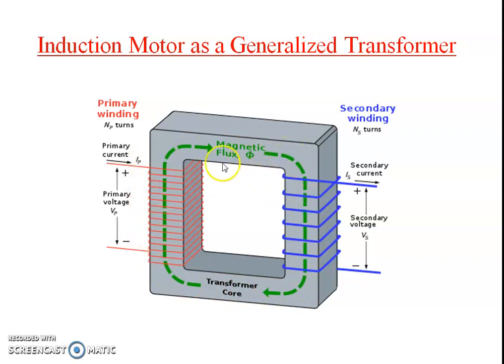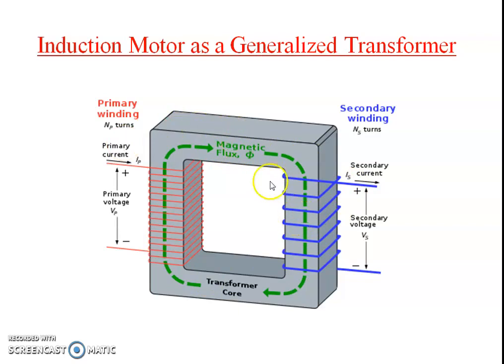This magnetic flux is now going to interlink with the secondary winding here. Due to the flux linkages, as we know from Faraday's first law, whenever a conductor cuts the flux, EMF is induced. Here the secondary winding is acting as the conductor, and the flux is the primary flux.